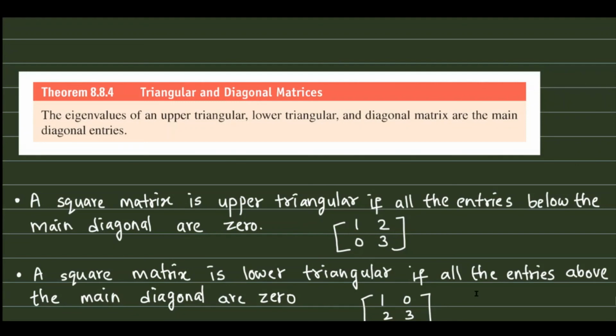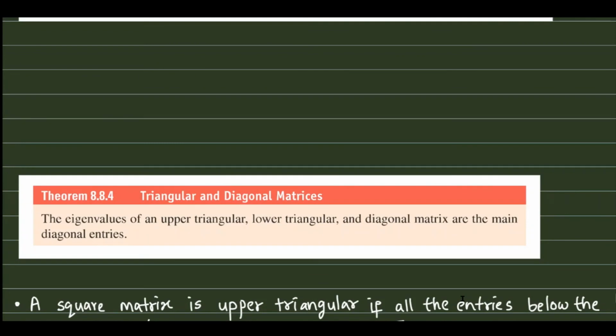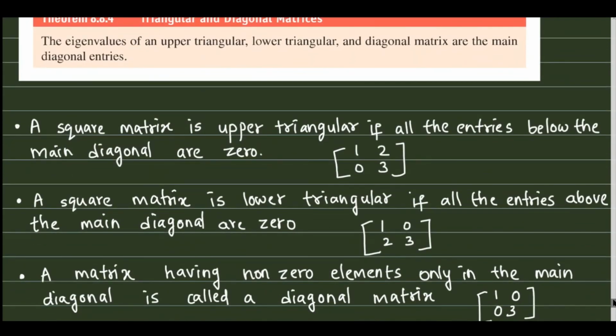It is said to be lower triangular if all the entries above the main diagonal are 0. And it is said to be a diagonal matrix if the non-zero elements occur only in the main diagonal, and all remaining elements are 0.